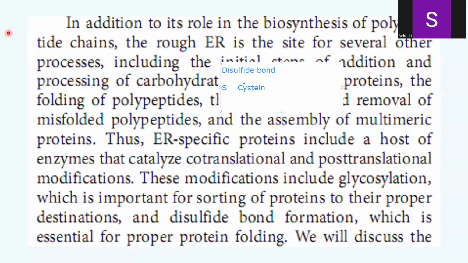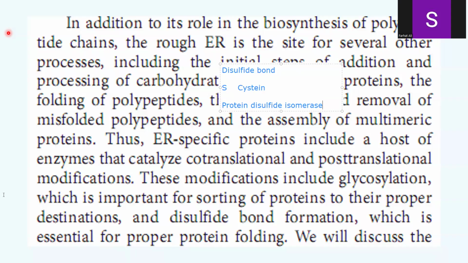the endoplasmic reticulum. So the ER contains this enzyme called protein disulfide isomerase. This enzyme is also present in the lumen of the endoplasmic reticulum, so the formation of disulfide bonds also takes place inside the lumen.